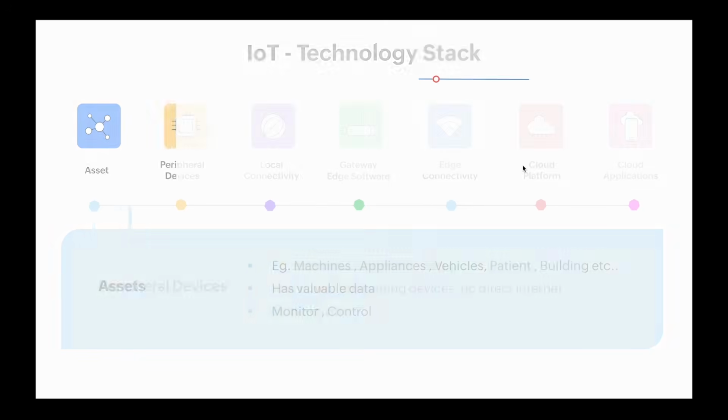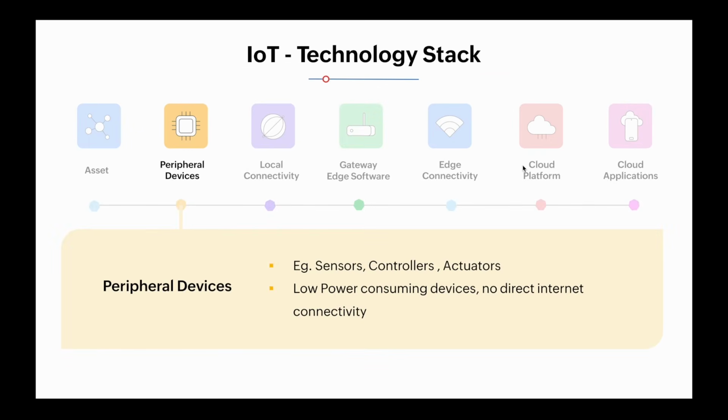Number 2 is peripheral devices. These are majorly sensors that are capable of capturing various parameters. It could be electrical, mechanical, physical, or chemical properties, such as temperature and humidity. Also controllers and actuators, which are used to control pumps, motors, heaters, lights, and so on.